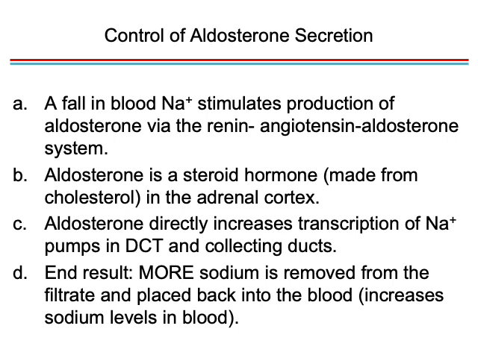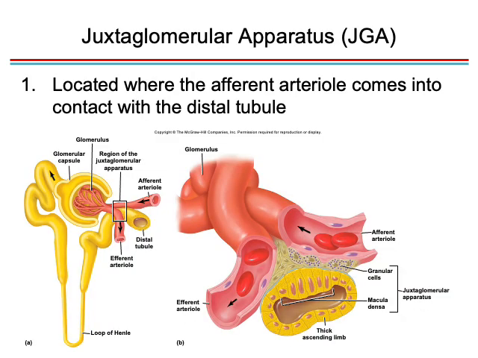Oh no. You ready for the long roadmap of how aldosterone is actually secreted? Near the glomerulus, there is a group of cells known as the juxtaglomerular apparatus.